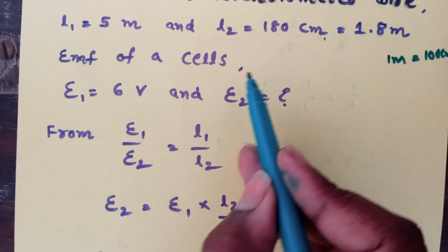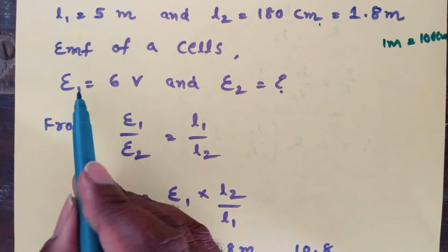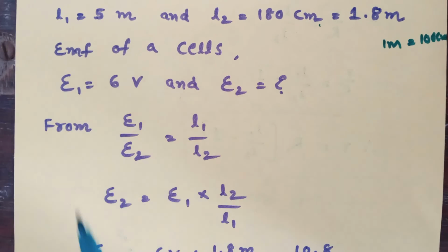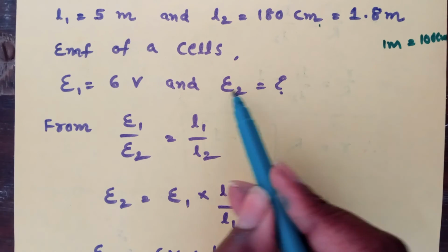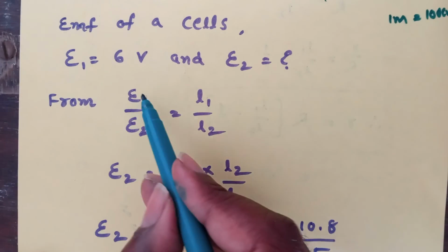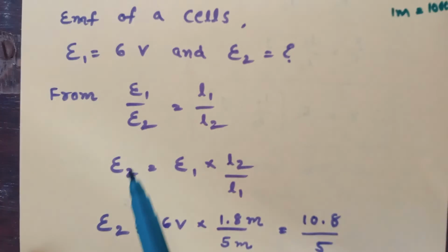EMF of the first cell is equal to 6 volts, and we have to find the EMF of the second cell, a comparison of EMF of two cells.